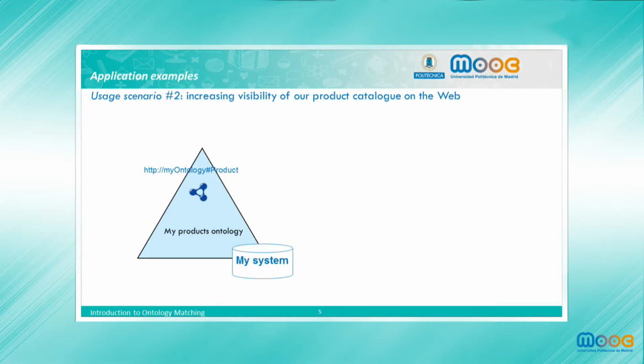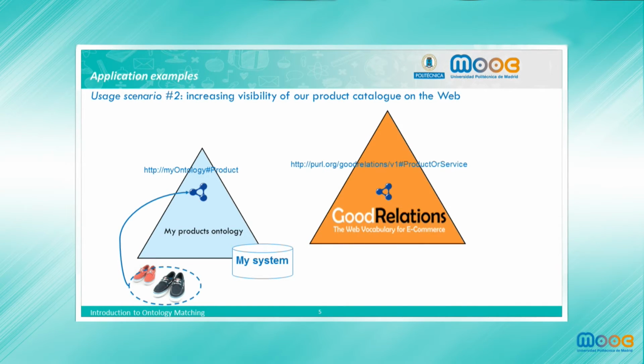That is the case of the ontology GoodRelations, which is used for e-commerce. Further, GoodRelations is well supported by many search engine vendors and would increase our products' visibility.